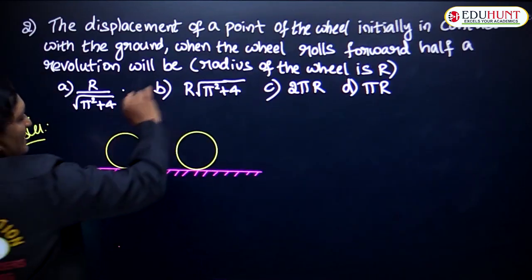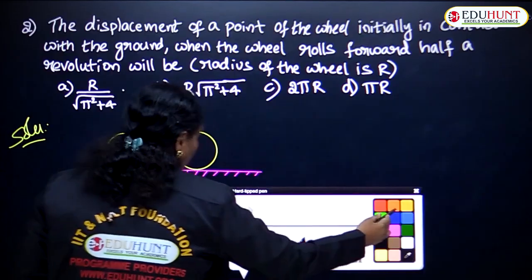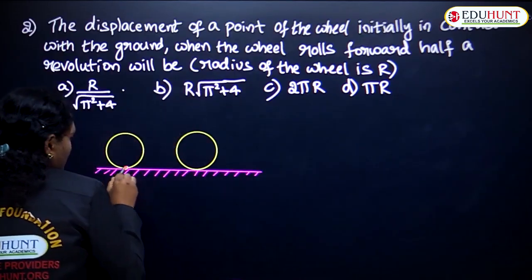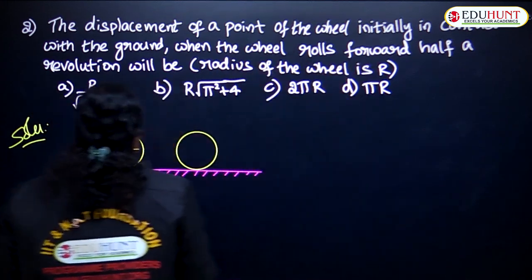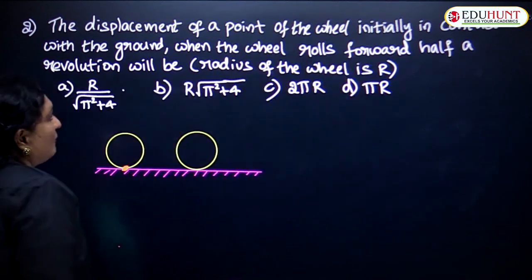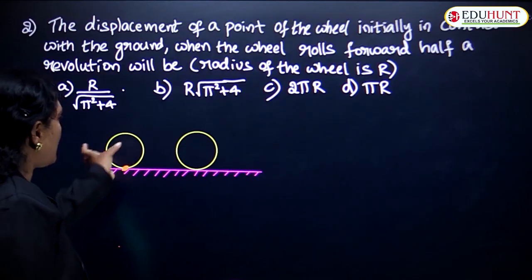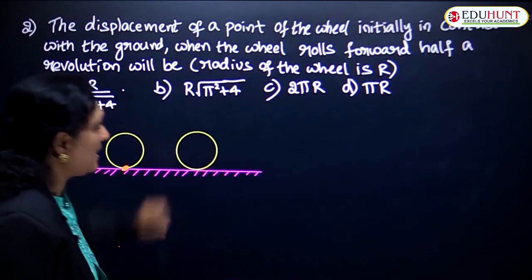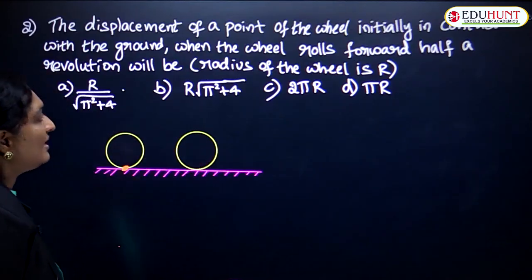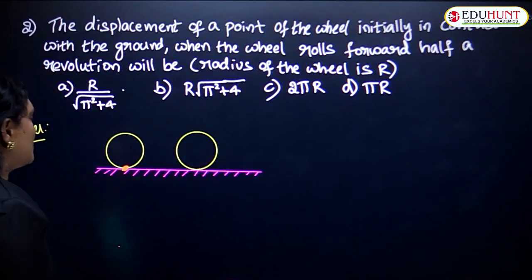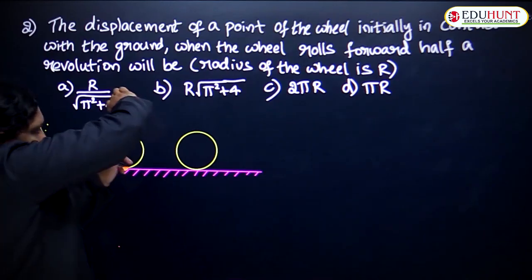What we have is the displacement of a point of the wheel initially in contact. Now let us observe carefully. This is the initial point of contact with the ground. When the wheel rolls forward half a revolution, you see my thumb here?